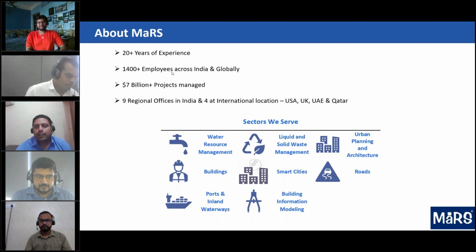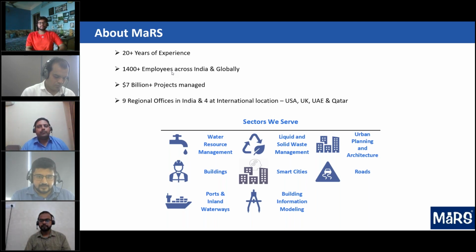I would like to provide a quick introduction about Mars Planning and Engineering Services. We are a 20-plus-year-old company, mainly into design, project management consultancy, planning, and urban planning, and BIM is something that we started back in 2012. We have overall 1,400-plus employees across India as well as globally, including our head offices in Ahmedabad and 9 different regional offices across India.